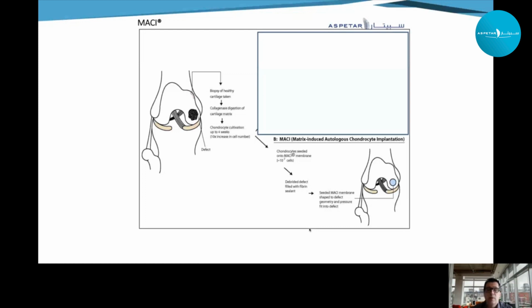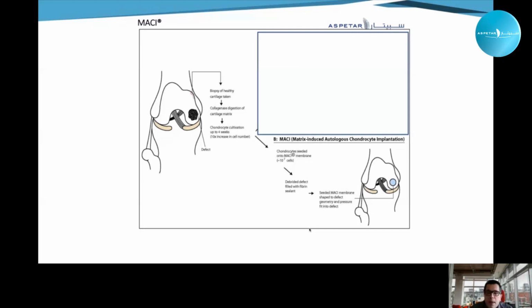And what is now in the market is the matrix-induced autologous chondrocyte implantation, and the difference between the first generation and this third generation is that the cells are already seeded and cultured on the collagen membrane.